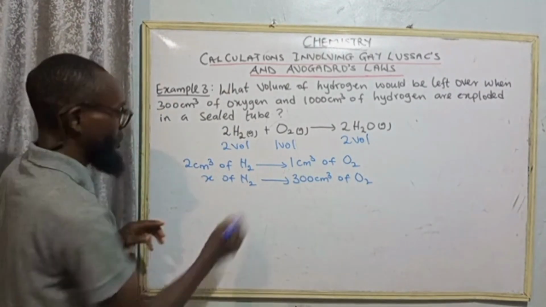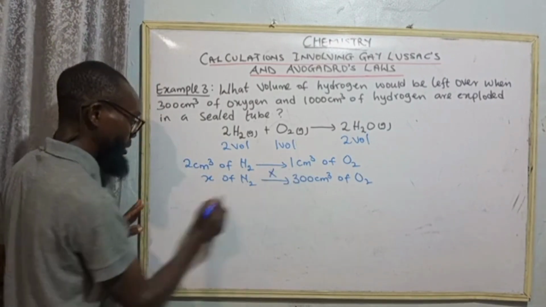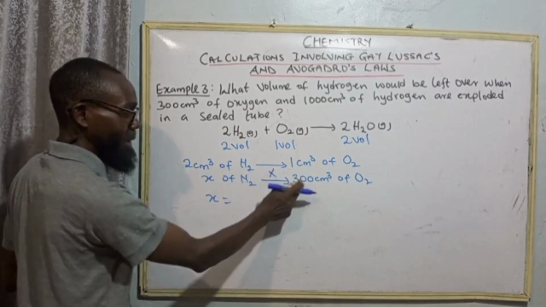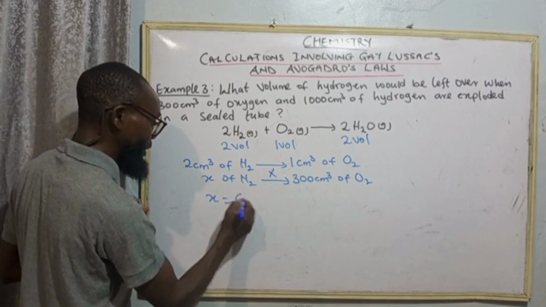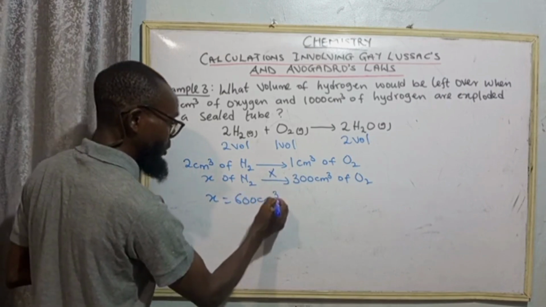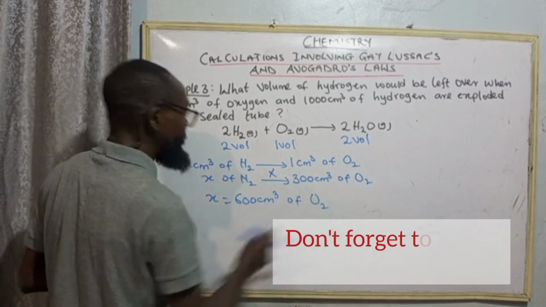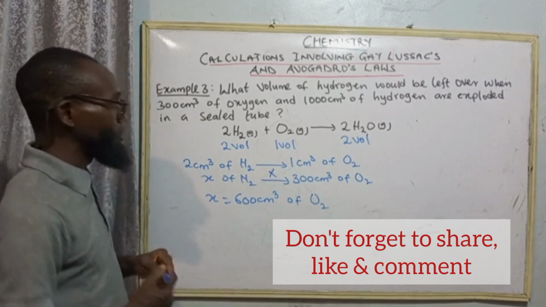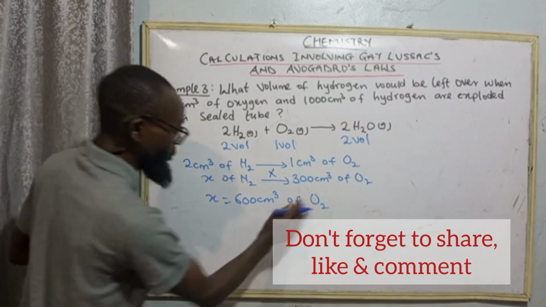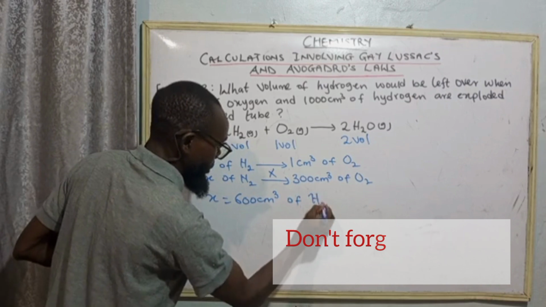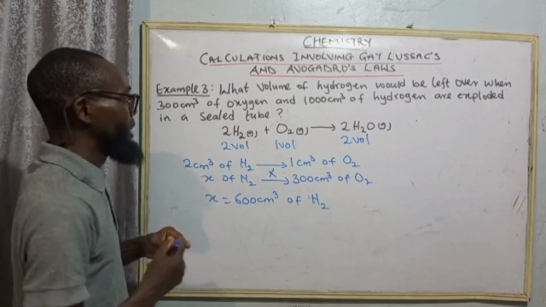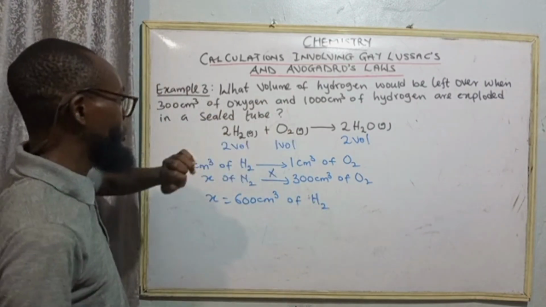So, cross multiply, x times 1, x equals 2 multiplied by 300, we have 600 cm³ of hydrogen. Now, we are asked to find the volume of hydrogen that will be left over.